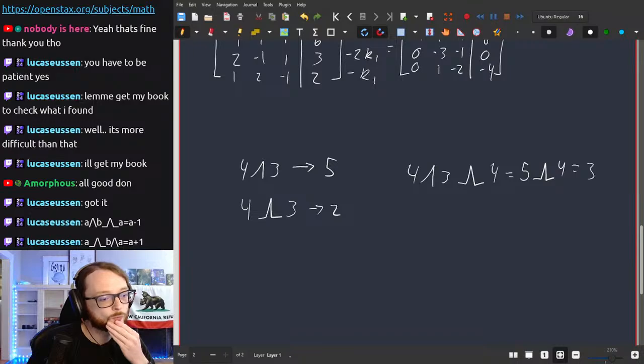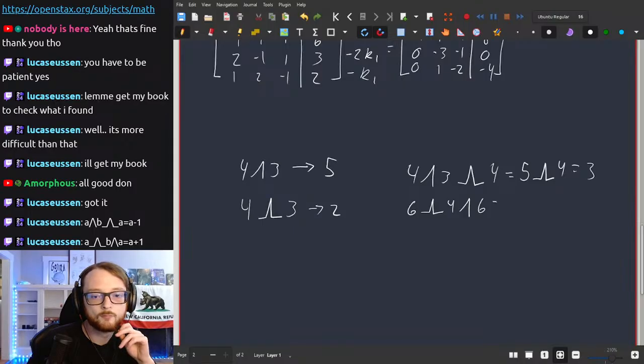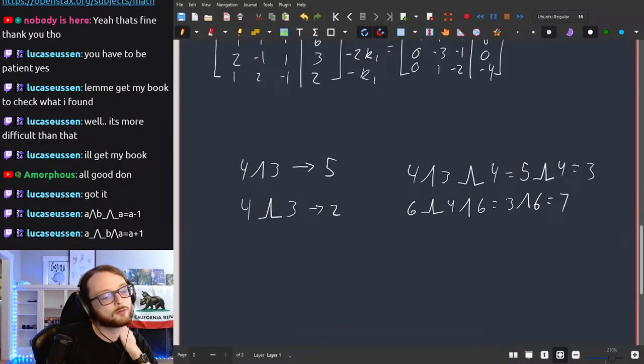And it's useful for solving the +1 and -1 issue. So this would be 3 wedge 6, which is 7. Okay, neat.